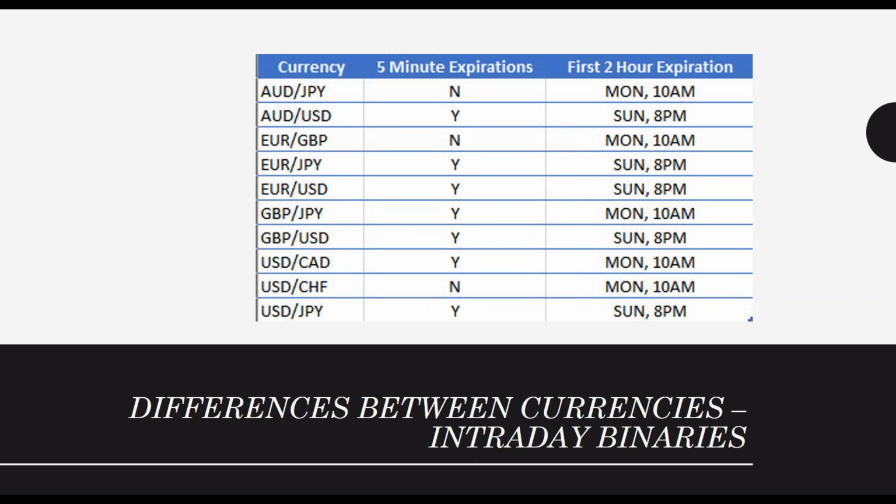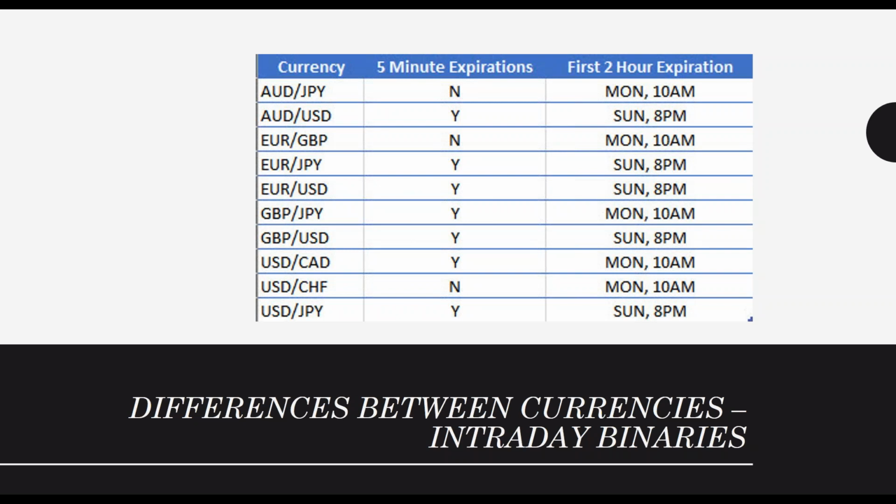Now on the Aussie yen, the first 2-hour expiration is at 10 a.m. That means it begins at 8 a.m. On the Aussie dollar, the first expiration is 8 p.m. The euro British pound is 10 a.m. The euro yen begins at 8 p.m. for expiration.